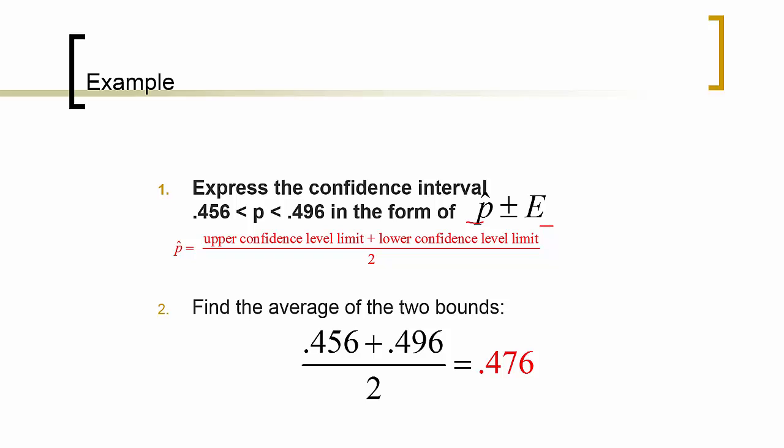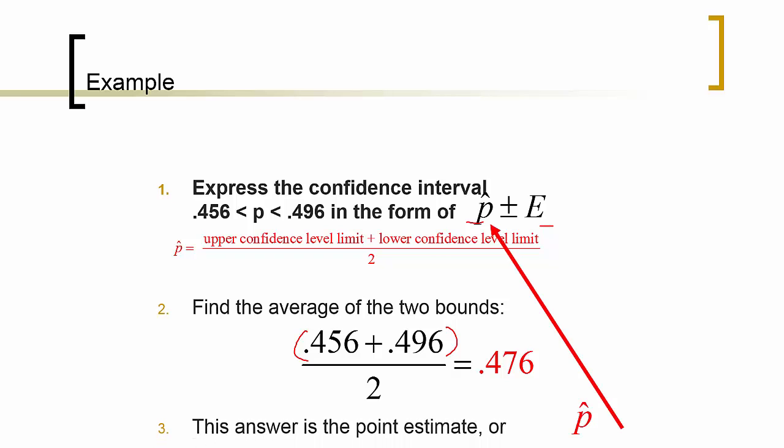If you're entering this in the calculator in one step, you'll need parentheses around the sum in the numerator. So p hat is 0.476. That is the point estimate. That means that in their sample, 47.6% was what they had.